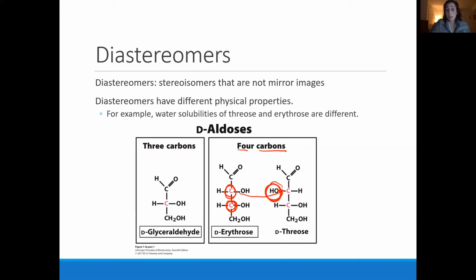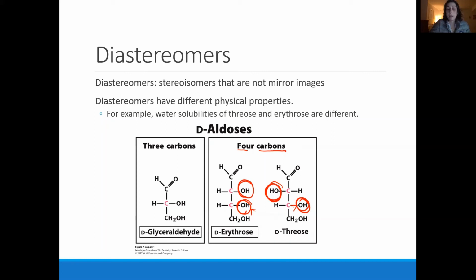This one, the OH is on the left instead of on the right. Now, this bottom stereocenter, this bottom area, the OH is on the same side. So there's no change that has happened here.